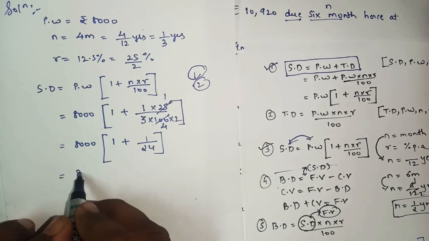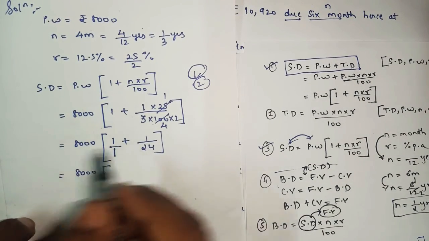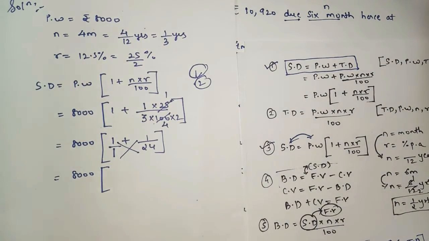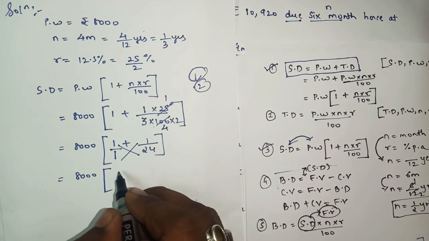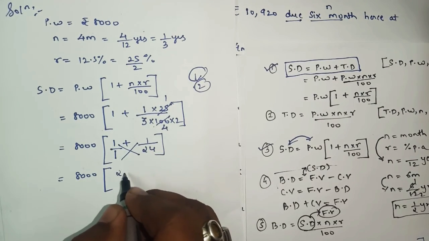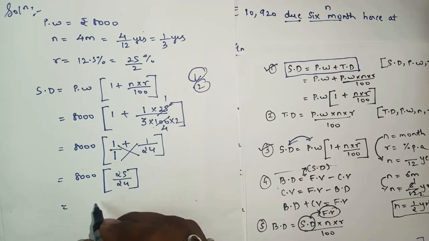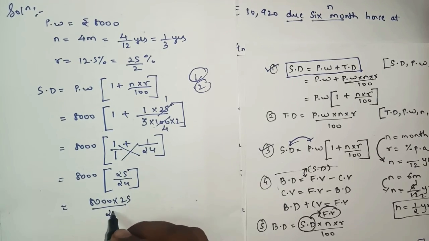So here we are left with 8,000 and nothing else there, so we can write 1. So 24 plus 1, this will be what? 25 upon 24. So here we are left with what? 8,000 into 25 upon 24.